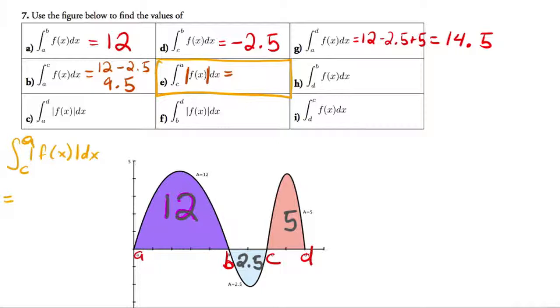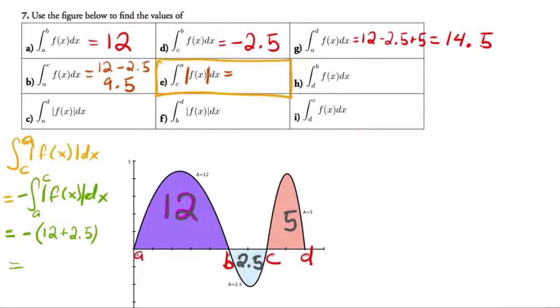So this is equal to negative the integral from a to c. You have to use that property to switch the limits of integration. Then you can find the integral from a to c. Since it's absolute value, it's going to be 12, and then this one that's negative is going to be bounced up here, so it's going to be positive area because you're talking about the absolute value of f of x.